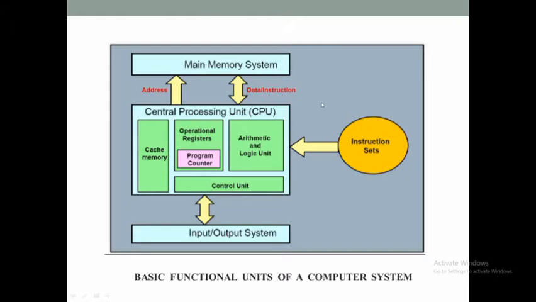The CPU is capable of accessing data only from three locations. Either the data has to be present in the registers, or in the cache memory which is near to the CPU, or in the main memory. The CPU is not capable of directly accessing data from the secondary storage devices or from the disk. That is about the basics.